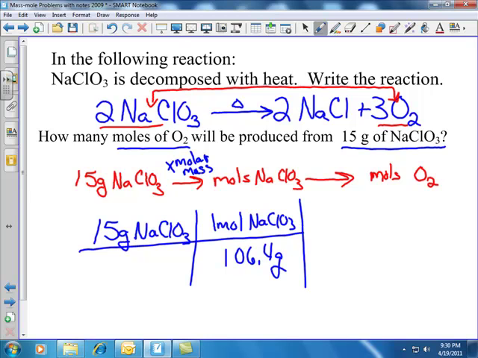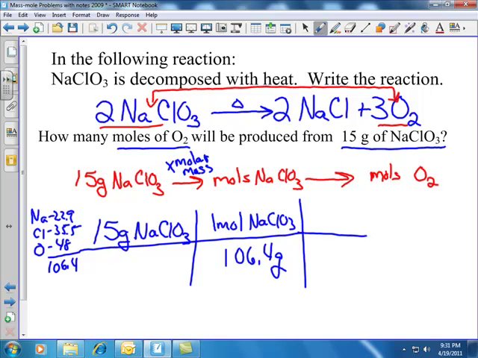The way I got that 106.4 is that Na is 22.9 grams per mole, chlorine is 35.5 grams per mole, and oxygen, with 3 of them, each at 16, gives me 48. Adding all that up gives me 106.4. It's the molar mass of sodium chlorate.